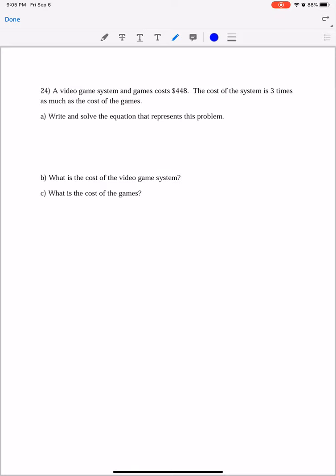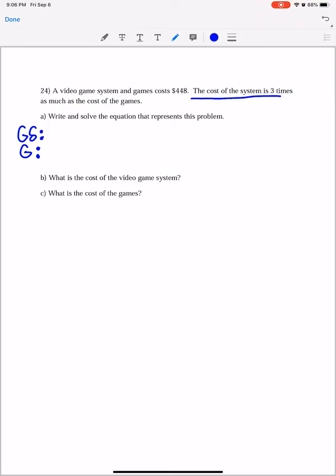So we have a game system, and we have games. We need to pick something to represent these. So the cost of the system is 3 times as much as the cost of the game.